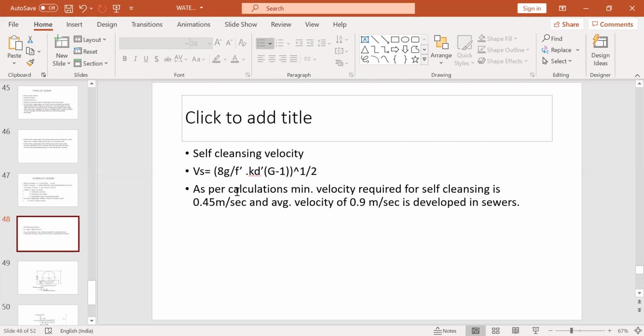So if you put all this in the formula for a particular grain of 1 mm, you can find the self-cleansing velocity as 0.545 meter per second. And average velocity developed in sewer is 0.9 meter per second.